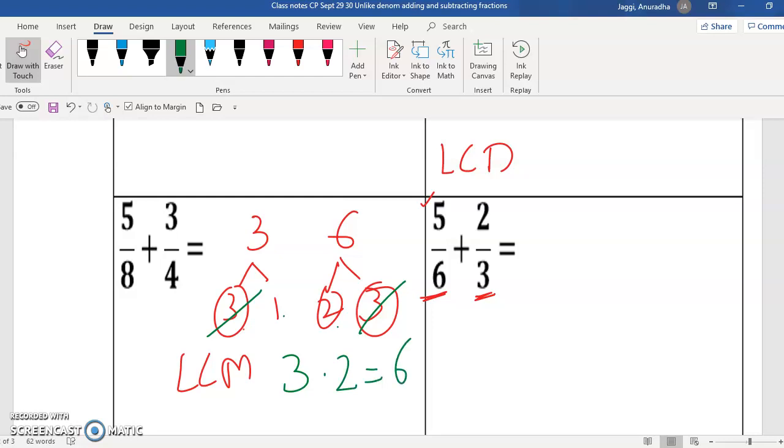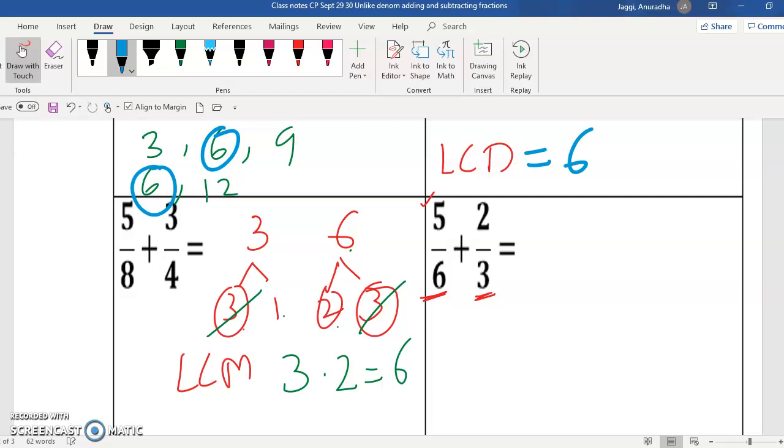Even if you want to do it the multiple way, 3 has the multiples 3, 6, 9, and so on. 6 has the multiples 6, 12, but you already have a common multiple. So LCD is equal to 6. Now that you have the LCD, what is the next step?